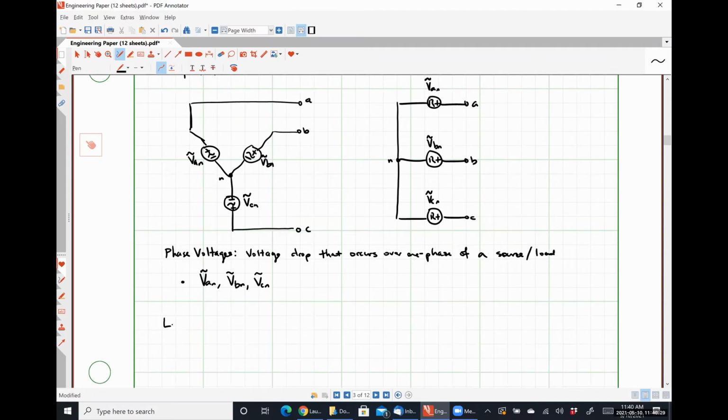We can also measure what are called line voltages. Okay.